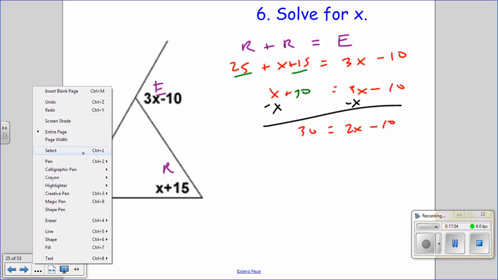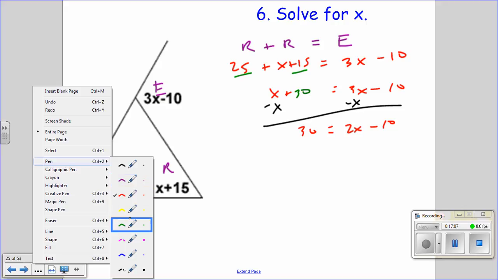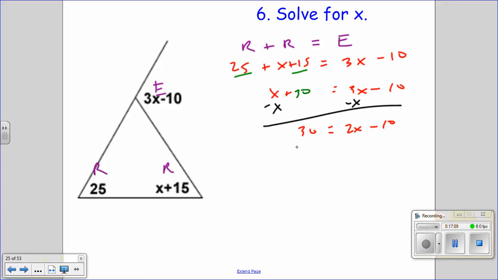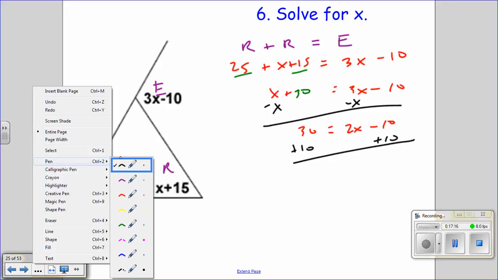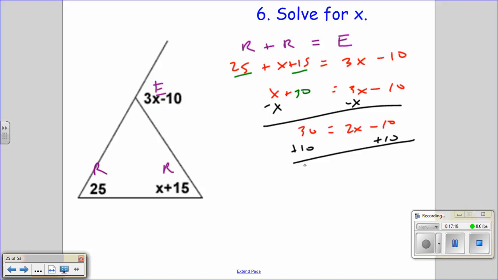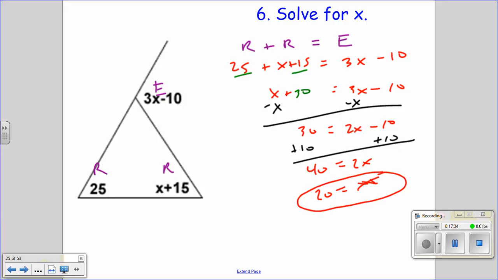Then I would have to add 10 to both sides, which would leave me with 40 is equal to 2x. Then divide by 2, and you get 20 is equal to x. And that's all we had to find in this problem was just x. We don't have to find the individual measures. So this concludes your notes for today.